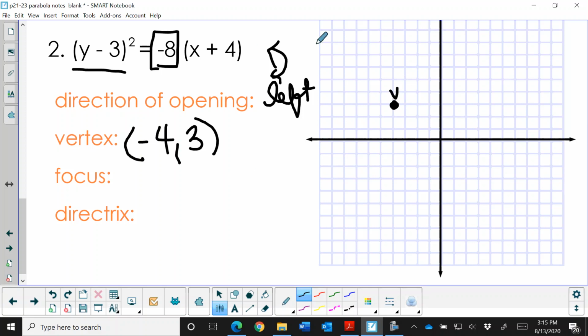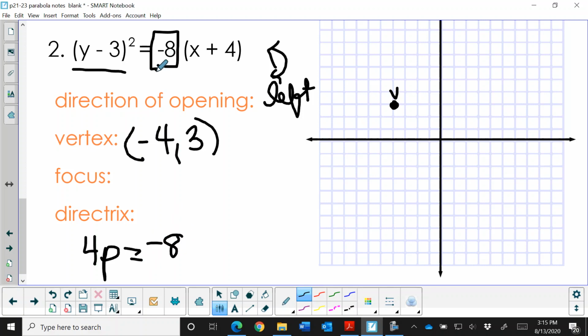Okay, now we know we're going to go to the left and to the right this time instead of going up and down. We're going to go left and right for the focus and the directrix. Well, whichever way it faces is where we count our focus. So how far do we count? Well, let's take our 4p from our equation and set it equal to negative 8.